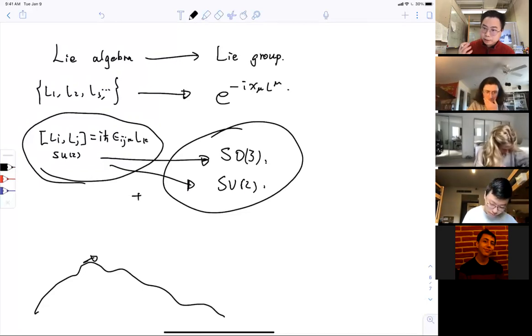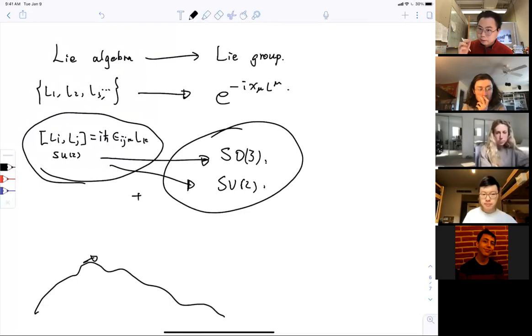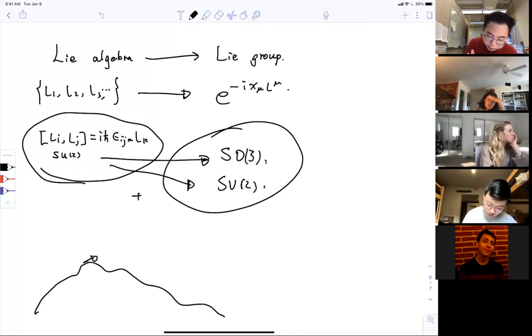The constraint is that if we assume the group manifold is simply connected, then the one-to-one correspondence is exact. So basically, I know the Lie algebra and I want to ask what the Lie group is.